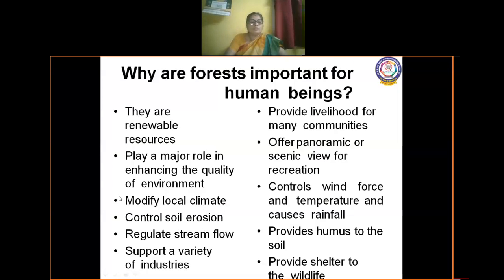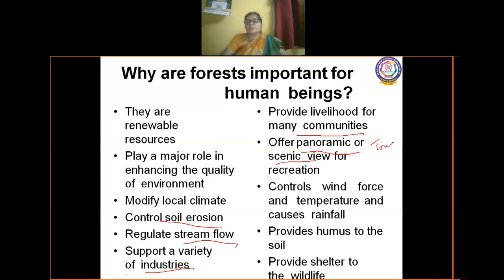The roots of the trees are always helpful to control soil erosion. They hold the soil, regulate stream flow and support a variety of industries in their development. They provide livelihood for the many tribes dependent on this forest or vegetation, and the primary activities are dependent on this. They offer panoramic or scenic views.